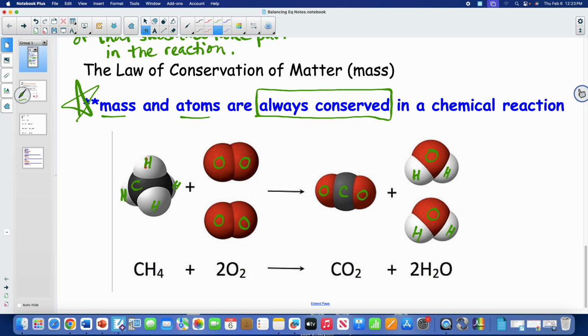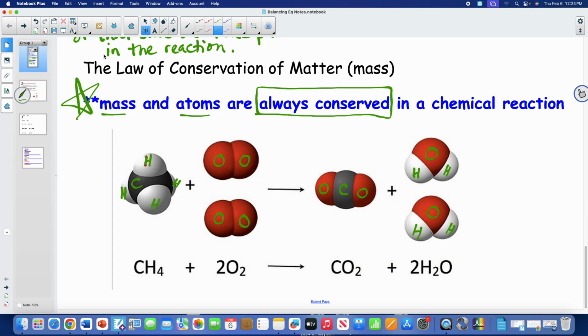So that's what we're doing when we're balancing our equations: we're accounting for the fact that atoms aren't appearing out of nowhere or disappearing into thin air. Whatever is there before these things react has to be there after. Okay? Okie dokies.